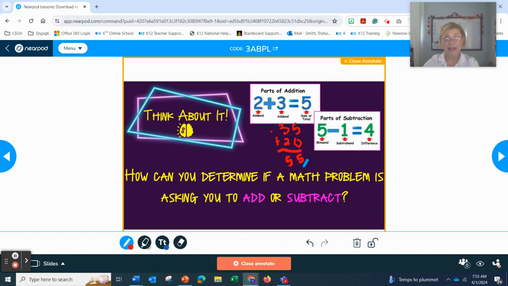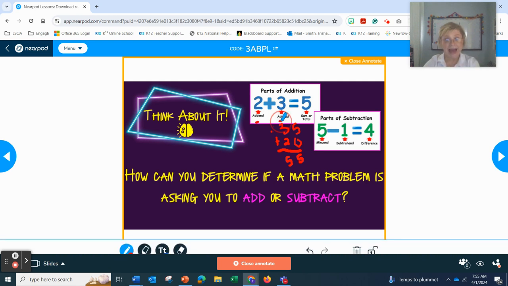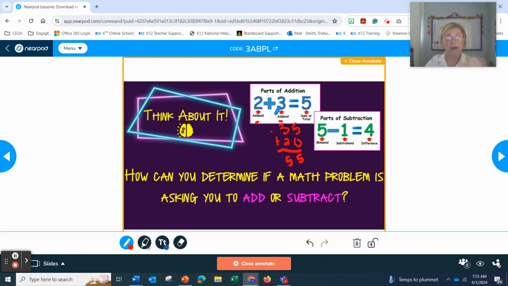That was the first amount that the baker started with at the beginning of the day, 35. And then that was our first addend. Then he added 20 more. Our second addend was 20. So 35 plus 20 equals a sum or total of 55.